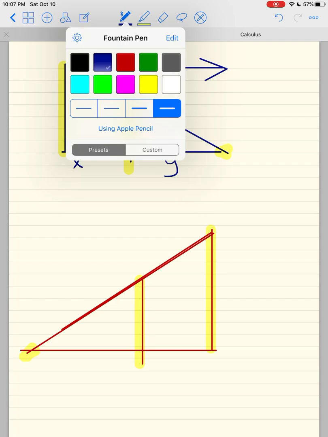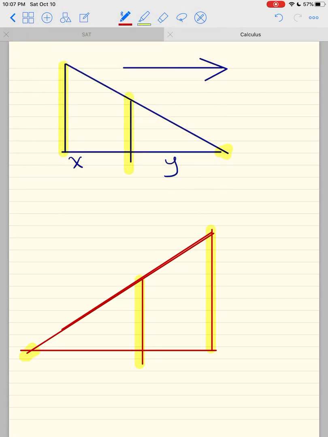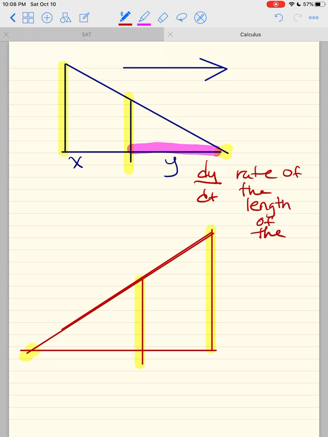This piece here that I just called y is going to be the shadow, okay? So that means dy/dt is the rate of the length of the shadow changing. Now, if you guys do this, then you're never going to have trouble with this problem.